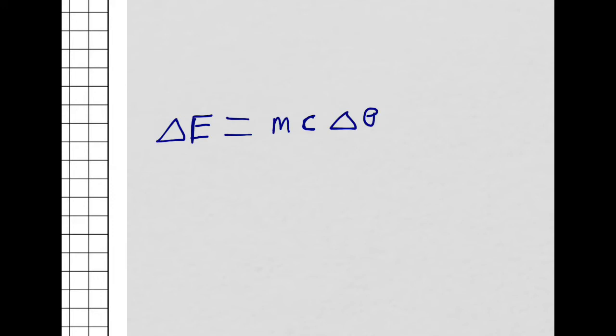Okay, so these delta symbols here, these triangles, both mean change in. So that's change in energy and change in temperature. So they're both single quantities. Okay, the delta doesn't represent anything other than change in.